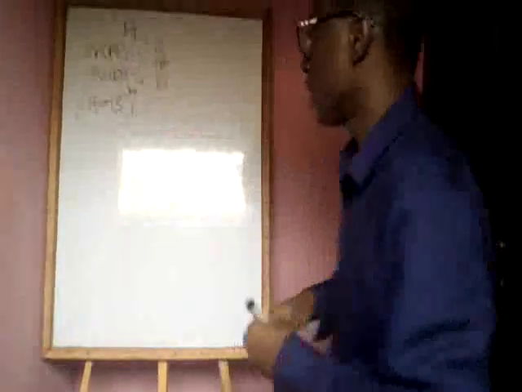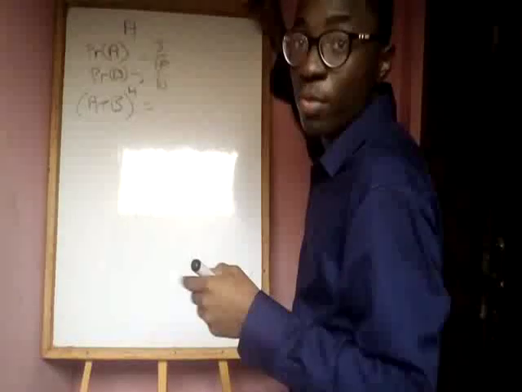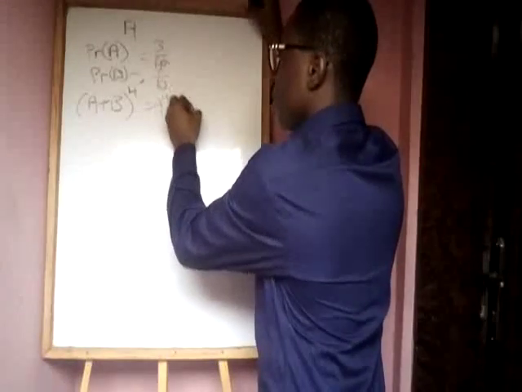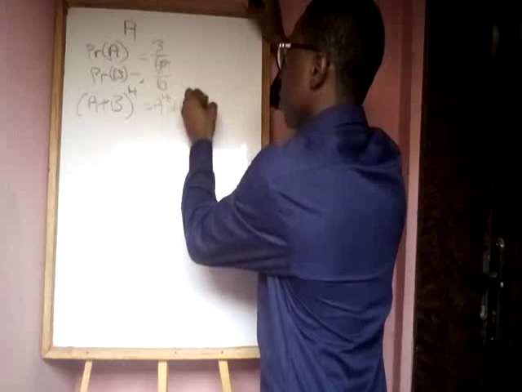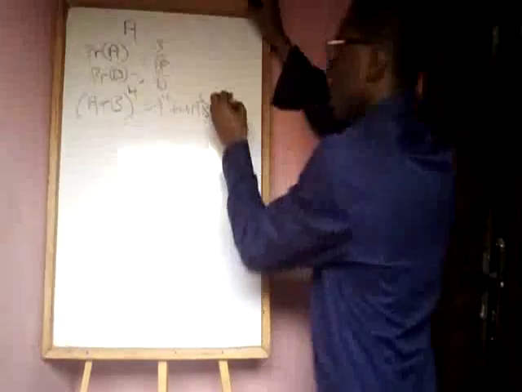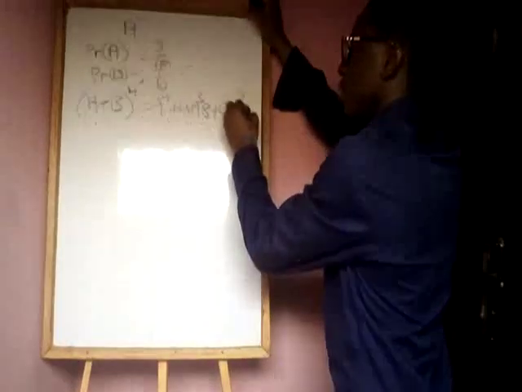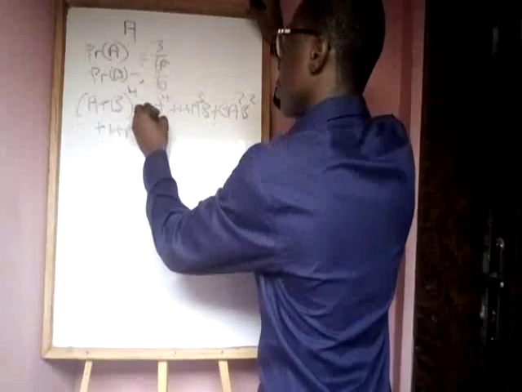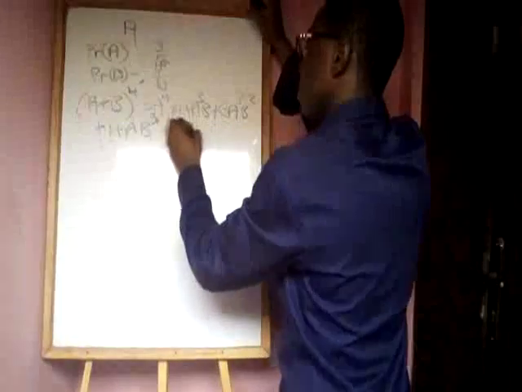That will give us the coefficients 1 4 6 4 1: A to the power 4, plus 4A cubed B, plus 6A squared B squared, plus 4AB cubed, plus B to the power 4.